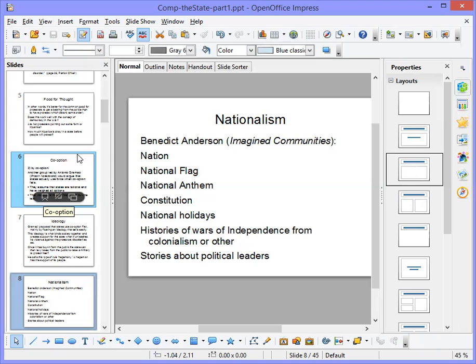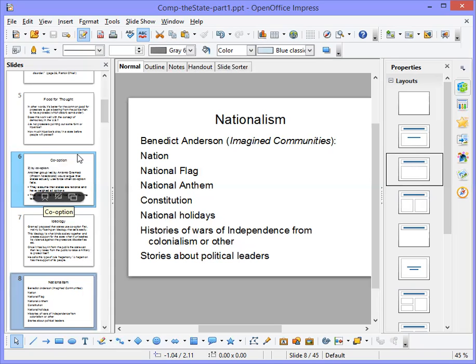If you tell a child, here's the national flag, here's the national anthem, we can easily attach our minds to it. As we grow older, we learn about the constitution, the national holidays, the histories of wars of independence or colonialism, all of that. We learn about political leaders and all kinds of struggles the nation has had. We hear national songs, more of it.